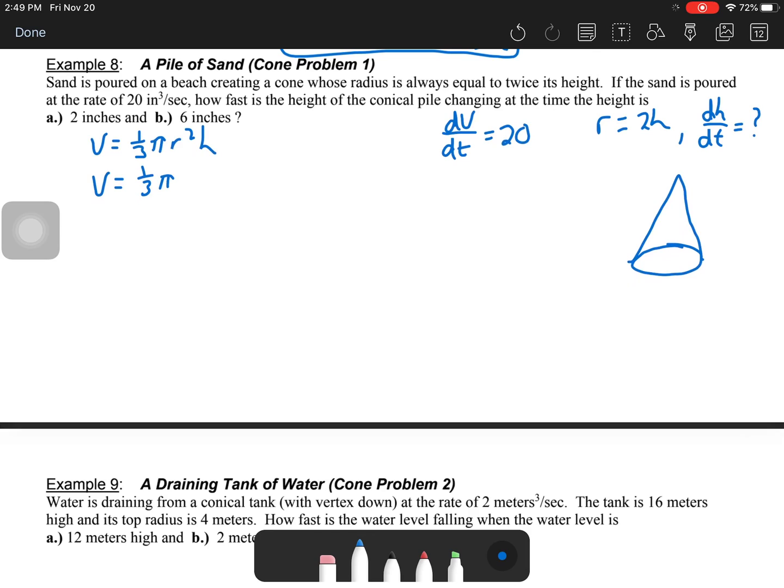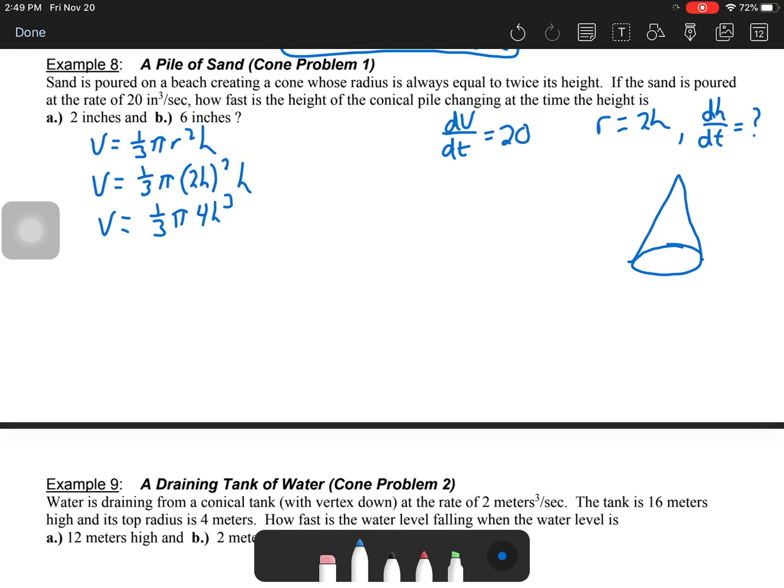So we're going to have V equals 1/3 pi, and then the r we are replacing with 2h, times another h. As I simplify that, I have V equals 1/3 pi times 4h cubed.